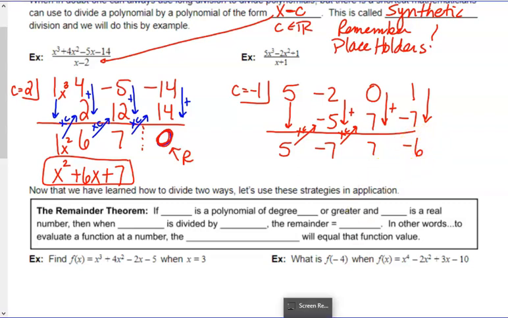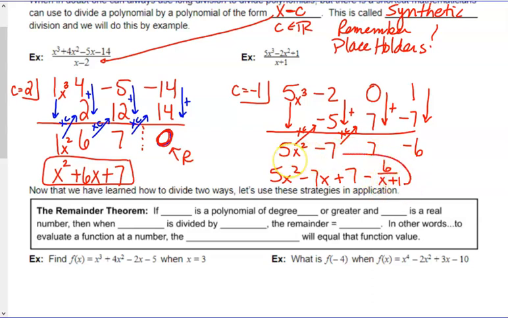So this time that means that I have this quotient. If I'm starting with an x cubed and I divide it by an x, that means that better be my x squared. So 5x squared minus 7x plus 7 with my remainder over the divisor becomes -6 all over an x plus 1.